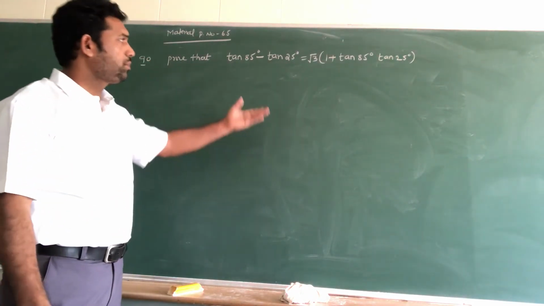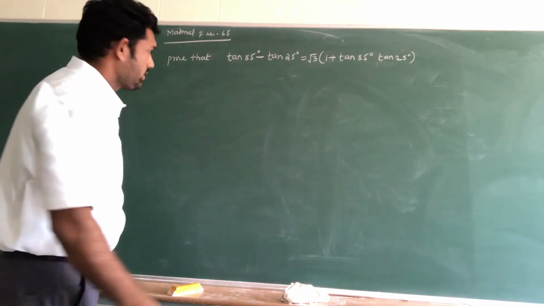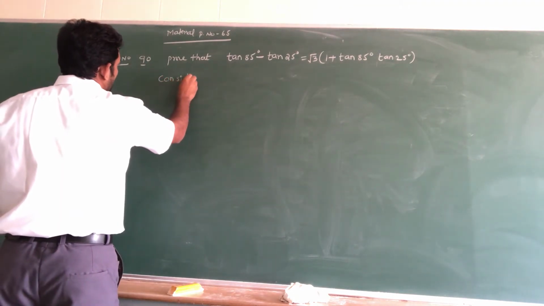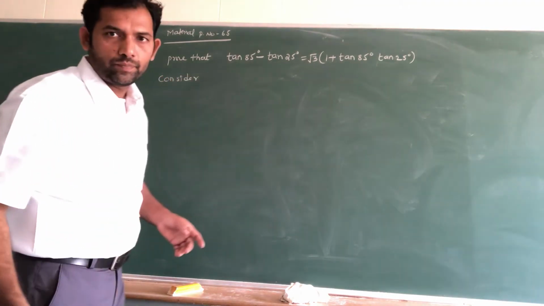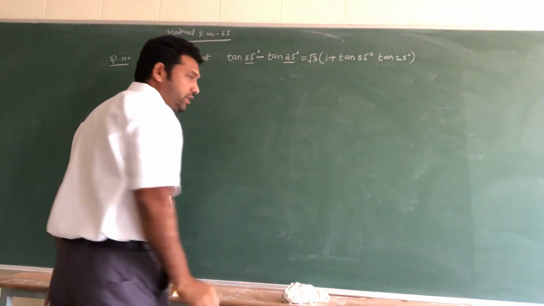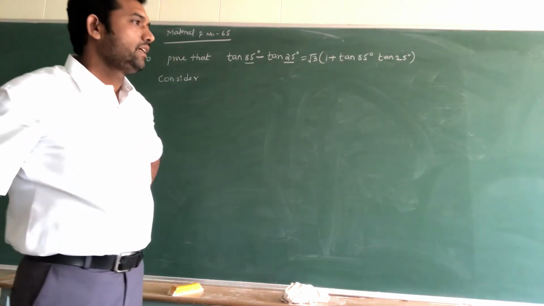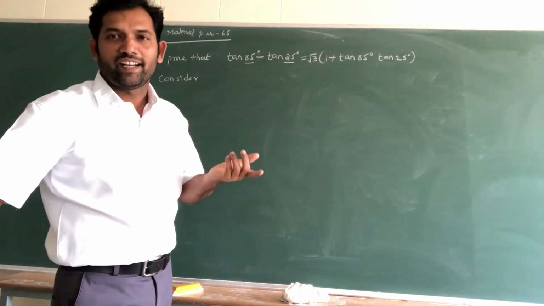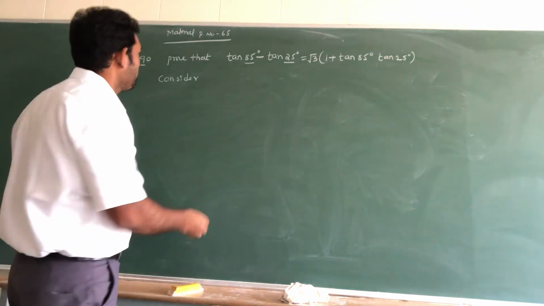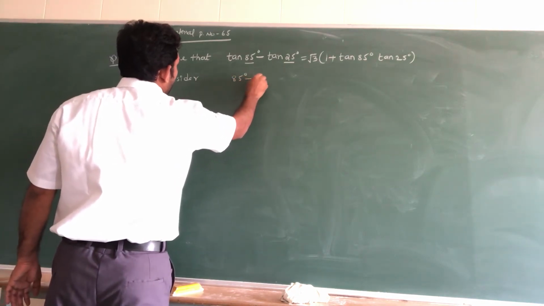Okay, so you prove this value. Then what do we have to consider? Here, how many angles are there? Two angles: one is 85, another one is 25. Here the left hand side is a difference, so you consider 85 degrees minus 25 degrees.